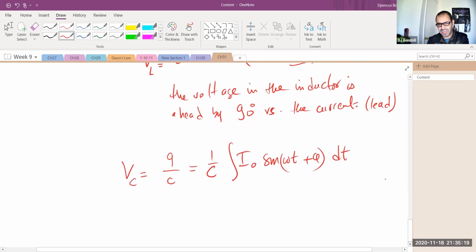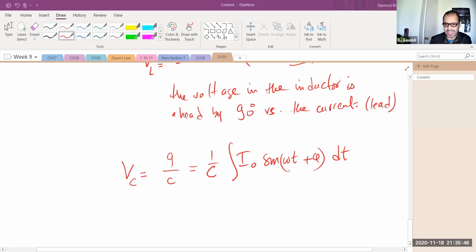What is the integral of a sine? You know from your calculus. Minus cos. Very good. Thank you, Faraz.